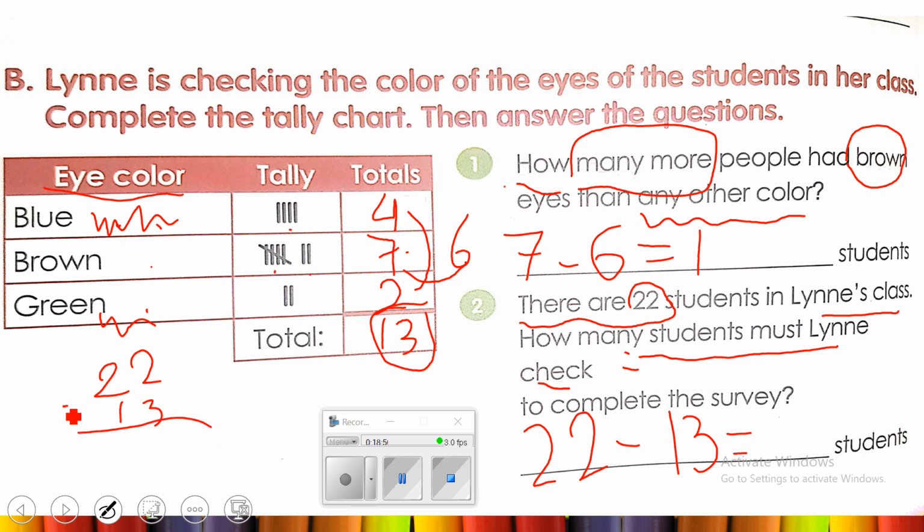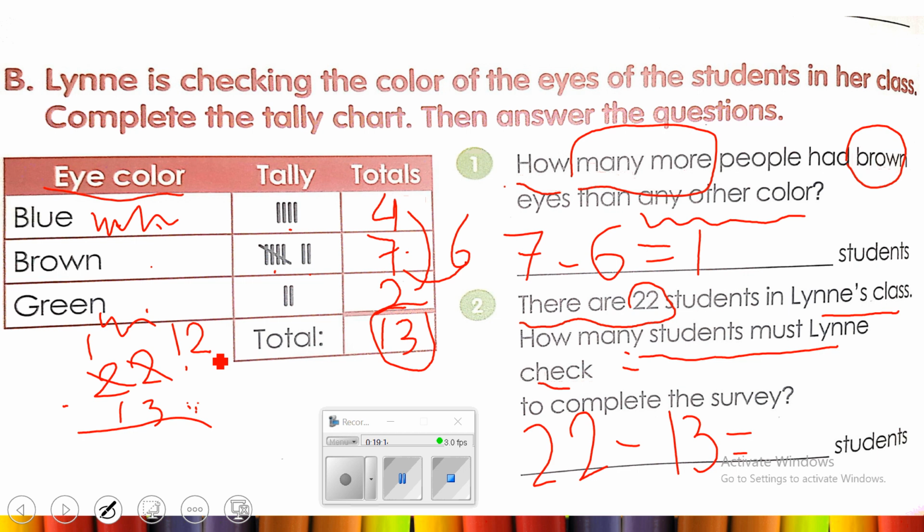Uh-oh, where is the difference here? Where is the more? Up on the floor. You remember subtraction with regrouping? Let's sing the song. More on the floor, go next door and take 10 more. 1 here, 12 here. 12 minus 3.